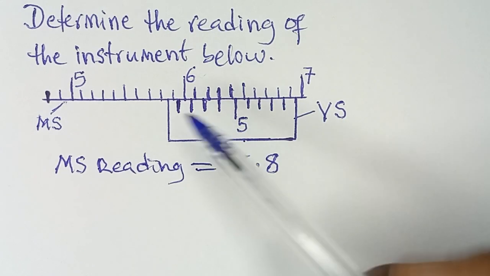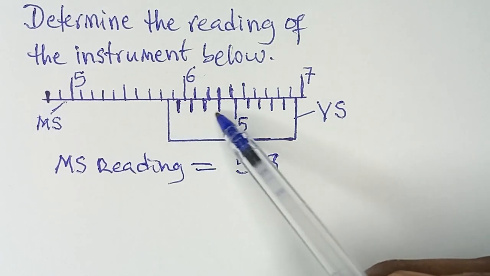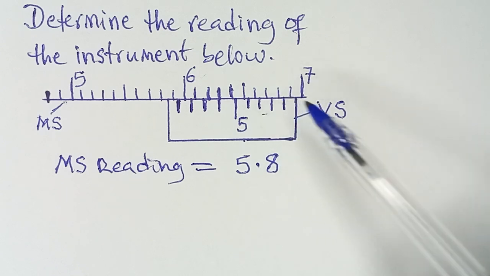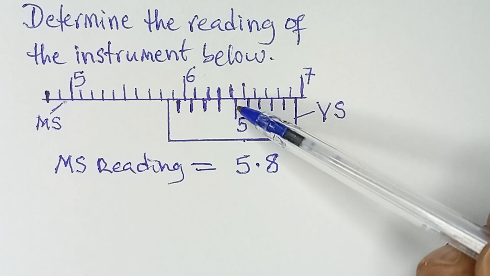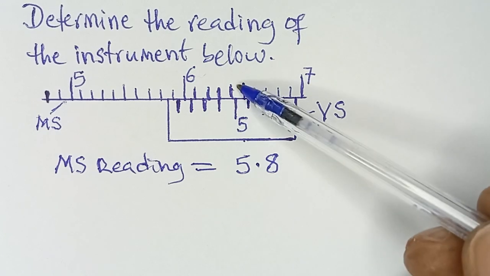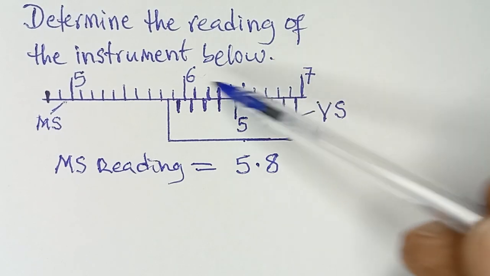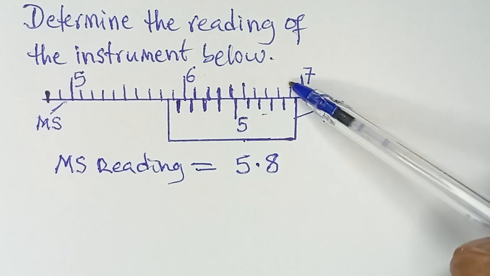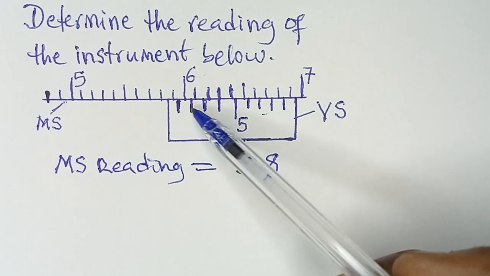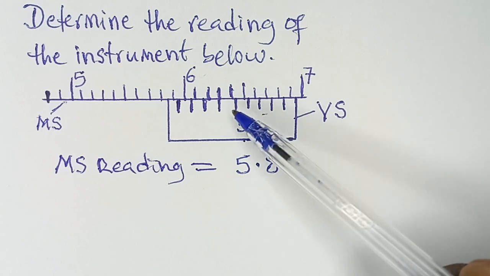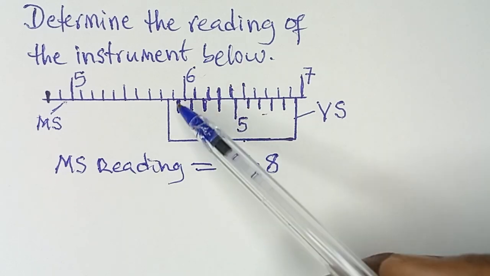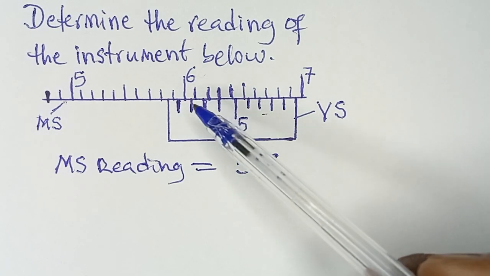So now what do we do when we want to read the vernier scale? What we need to do is to look for two sets of lines that coincide between the vernier and the main scale. So we have these top lines as the main scale lines and these bottom lines as that of the vernier scale lines. Now this line does not coincide with any line.